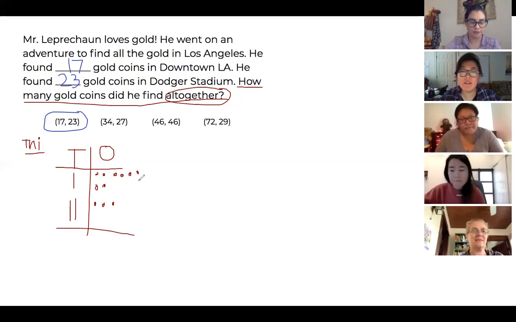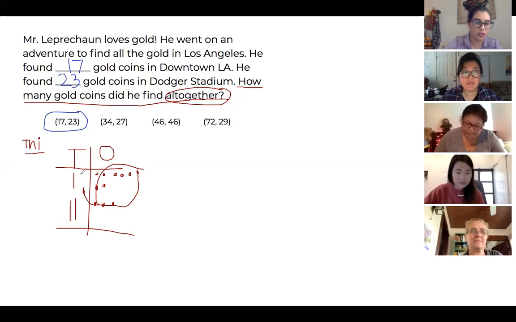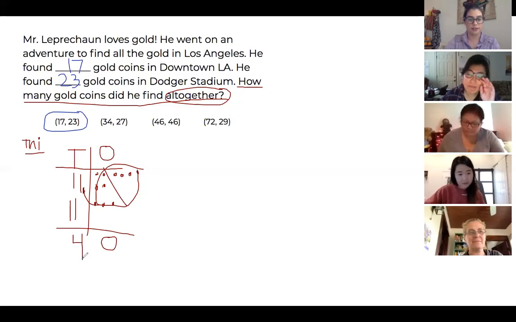And so she was able to add the ones first and then add the tens. So she had 7 ones and then she added 3 more, which made 10 ones. And then we moved it over and made a 10 rod. And then this got canceled out. And then she counted how many ones she had, 0 ones left over. And then all together, how many tens? She had 4 tens. Beautiful.